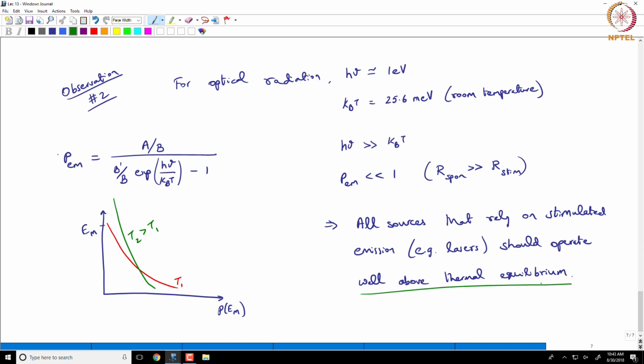We cannot rely on thermal energy, because if you just keep heating the material higher and higher, you will get more emission. That is what we see. You take an incandescent lamp and you crank up the current, it becomes brighter and brighter. But it's still in thermal equilibrium condition, which means that as far as optical radiation is concerned, it is only spontaneous emission that we are getting.